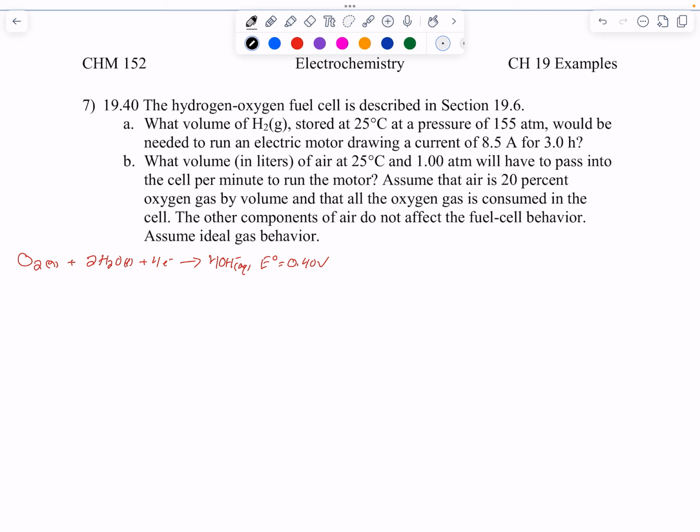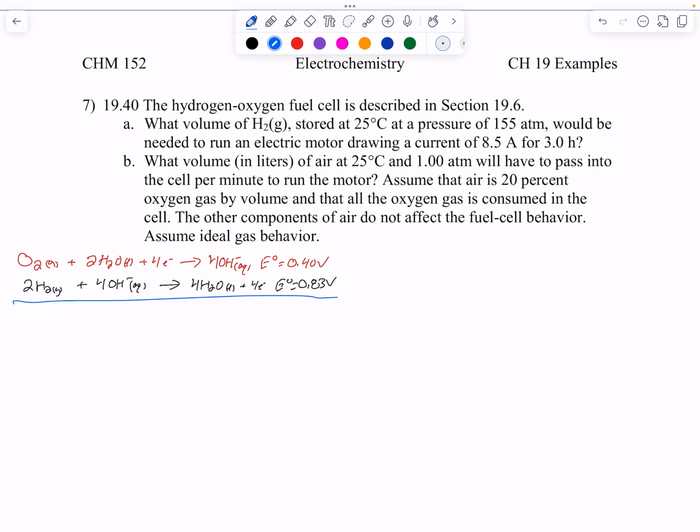And then for the reduction part, it gives us 2H2 gas plus 4 hydroxide going to 4 waters and 4 electrons, with a cell potential of 0.83 volts.